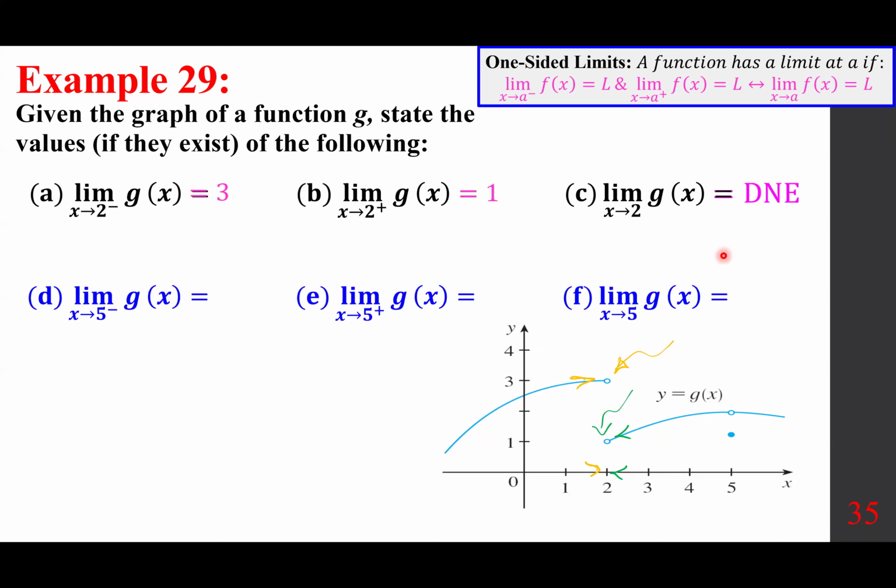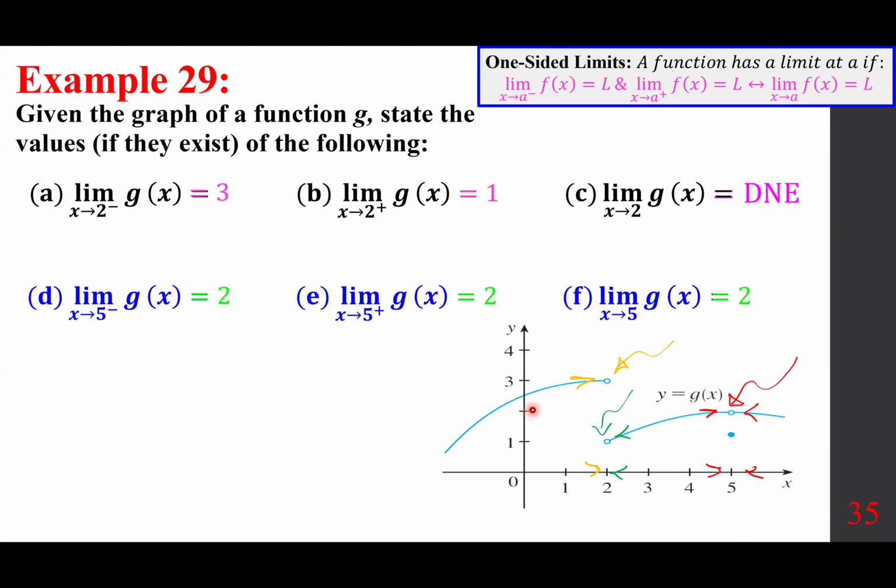How about the limit of g of x as x approaches 5? We look at the one-sided limits as well. Notice, if I come from the left, I'm in this branch. From the right, I'm in this branch. Both of them will take us to this hole, and this hole has a y coordinate of 2, so they are identical, the limit exists.